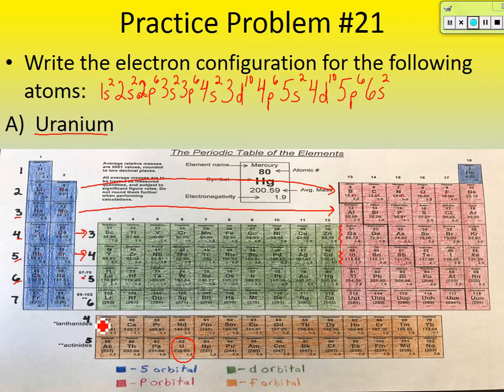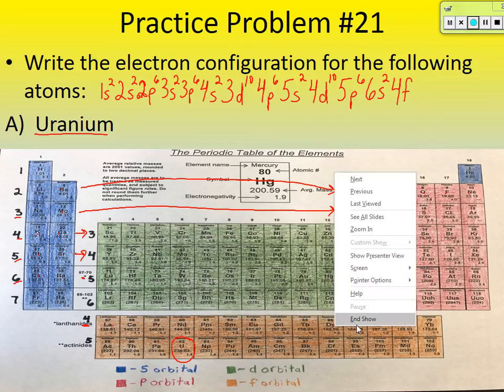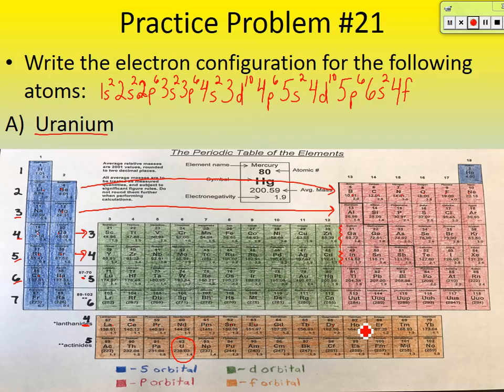So we're going from 6s2, drop down. Now this is the 4th energy level, so we put a 4 here. We're now in the f orbital, so put an f. And if you count across, there are 14 electrons.